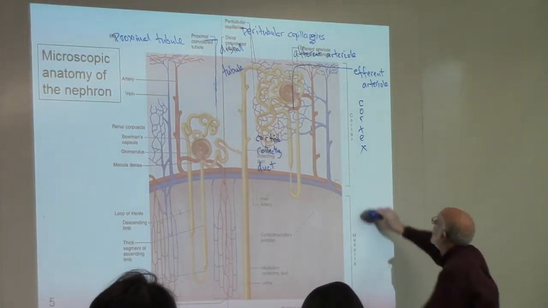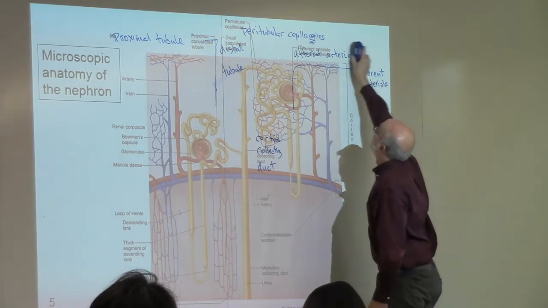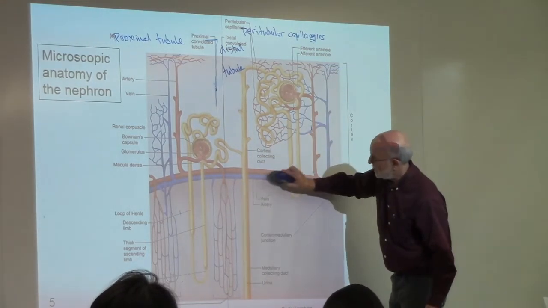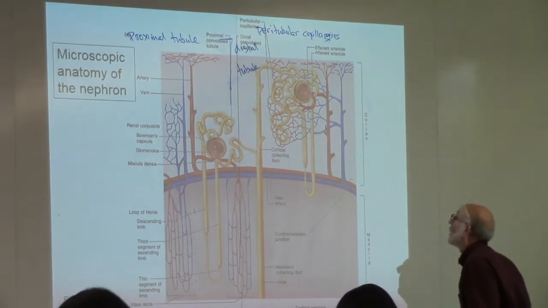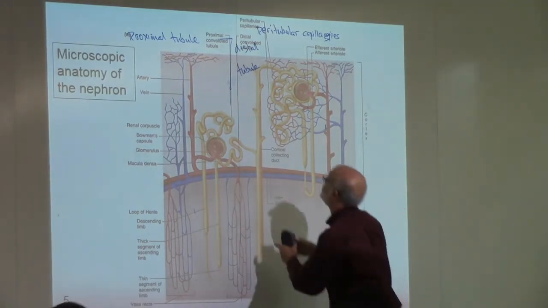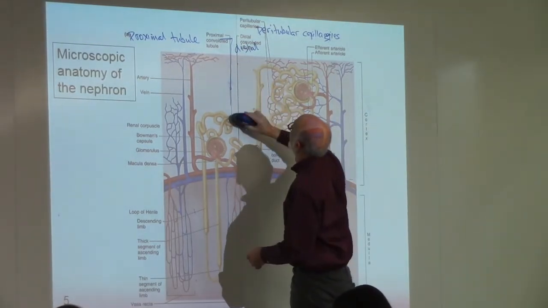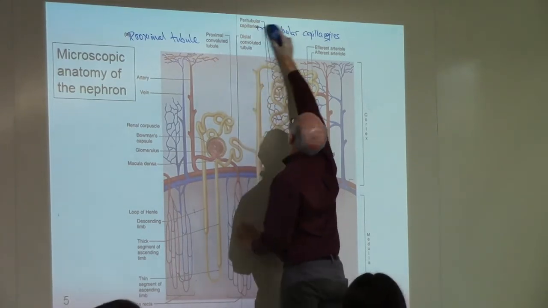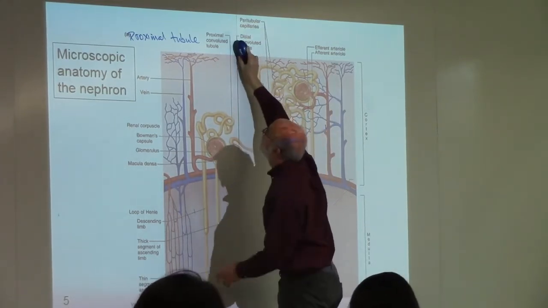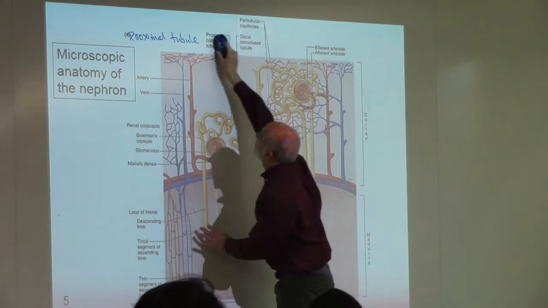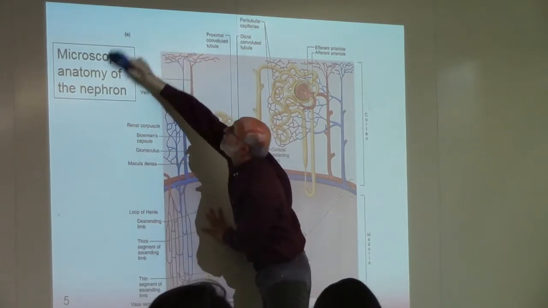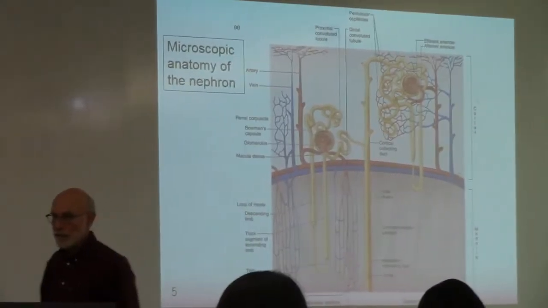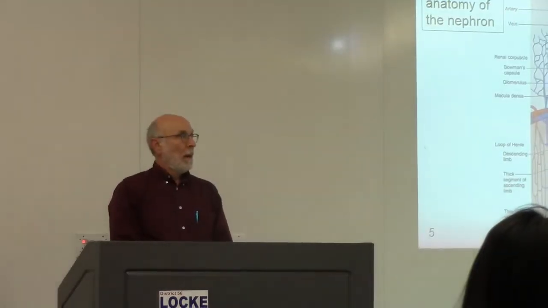Medulla, cortex, afferent and efferent arterioles, cortical collecting duct. Proximal tubule, distal tubule, peritubular capillaries, proximal tubule, right? Okay? So Moodle has this answer if you missed something on your worksheet.